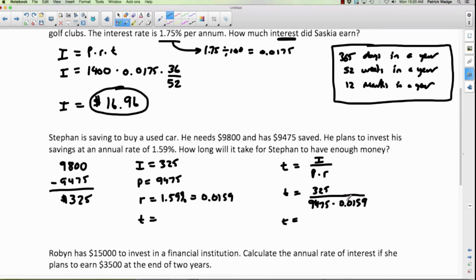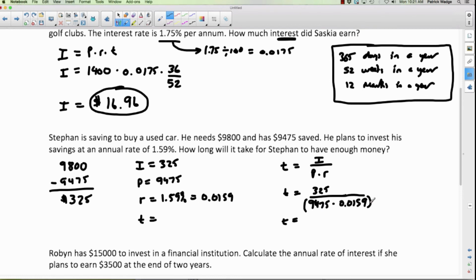Okay, now you can use your calculator, but be careful. If you have a basic calculator and you go 325 divided by this times this, it's not going to give you the right answer. You need to put this amount in brackets if you put it into your calculator in one go. The other thing you could do is just get that answer on the bottom. Go 9,475 times 0.0159, get that answer and write it down, and then go 325 divided by that. But I know most people don't want to do that. They want to do it all in one go in their calculator.